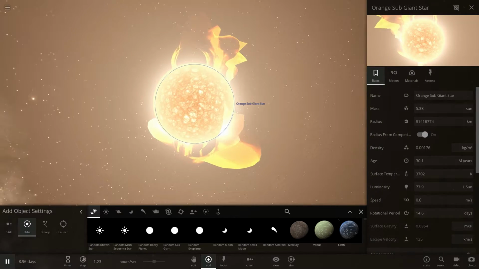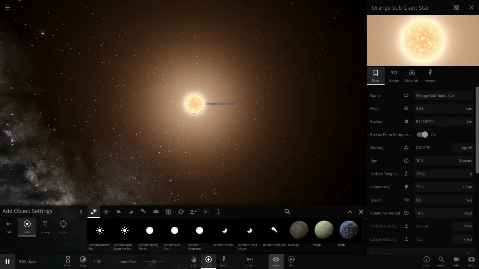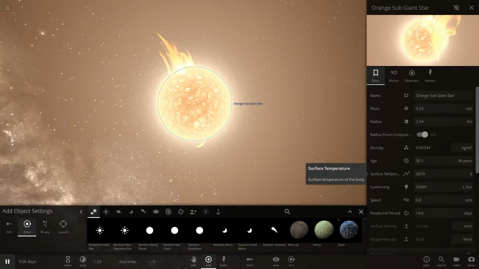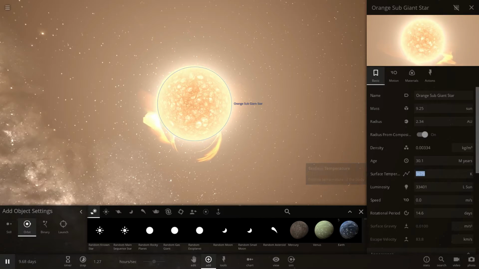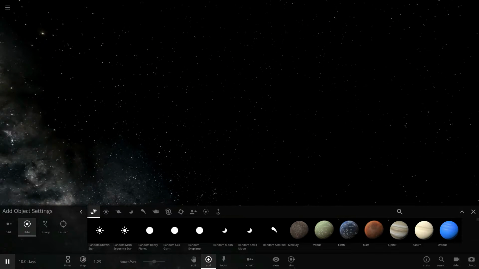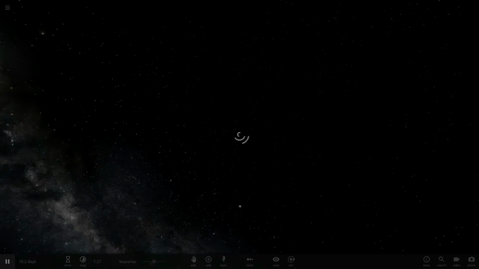Okay, so this is your orange subgiant star. 3,700. Ah, for God's sake. Okay, let's move on to the next one because that's obviously not going to work.